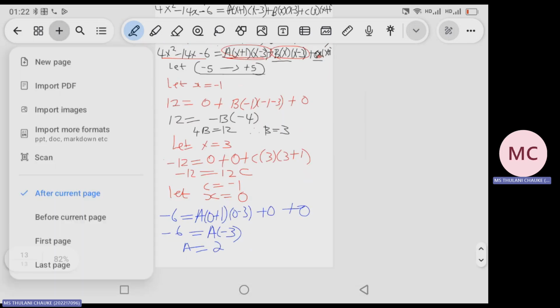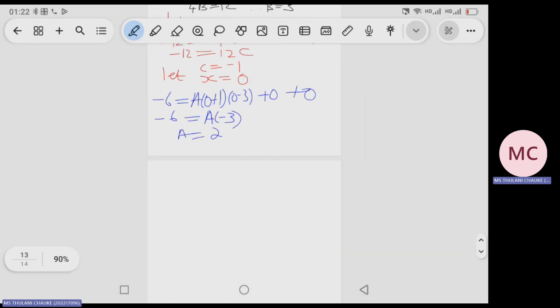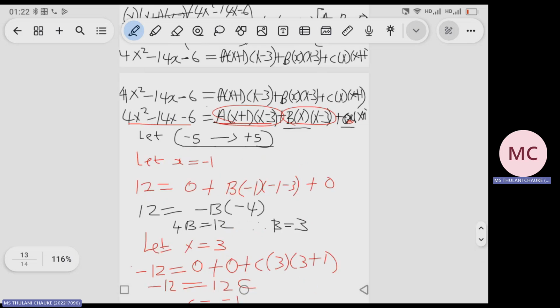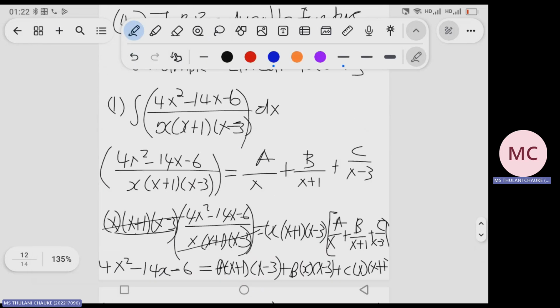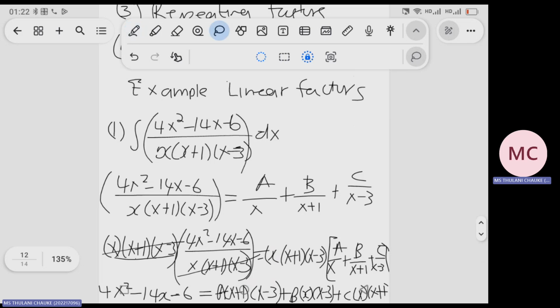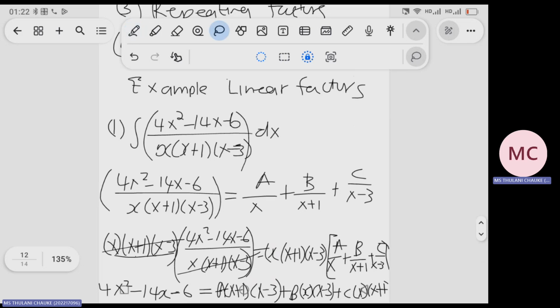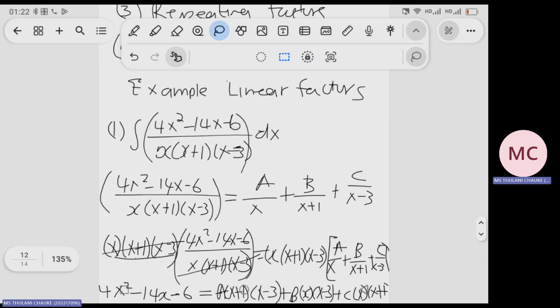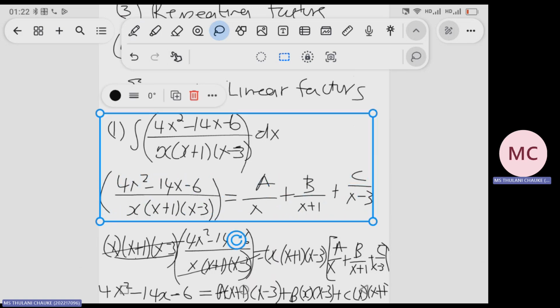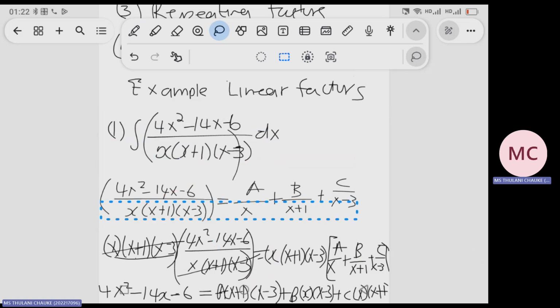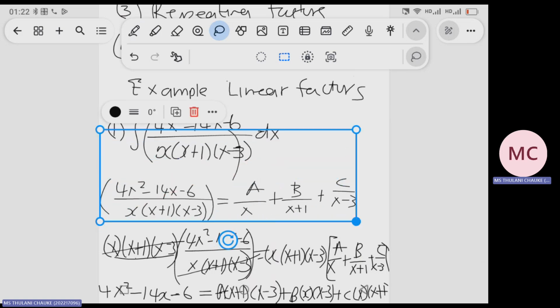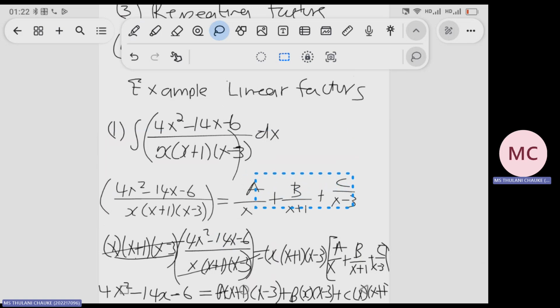So now I can reduce everything. I can write that equation. Let's just copy it and check the answer.